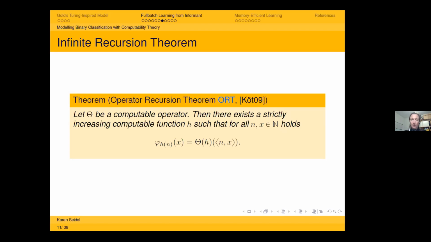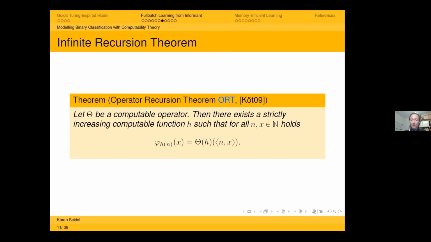The one I'm citing here is a strictly increasing version, and it says that for a computable operator, one can find a strictly increasing computable function, which is such that this function translates between what the computable operator does with functions and how this can be enumerated, in the number of the program that results basically.